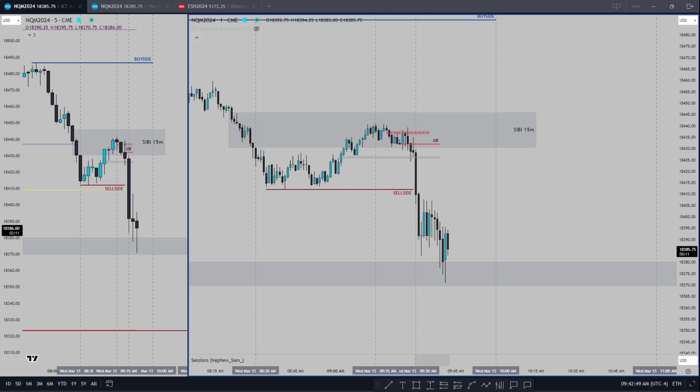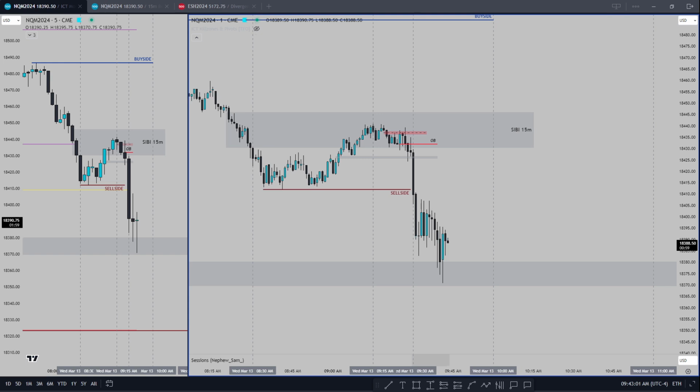Took it on another screen. Shorted one, a little late. I was looking at that breaking structure. And then shorted another one as we filled the gap and started trading back lower. Both with market orders. Took one off at sell side, took one off at PM session low.